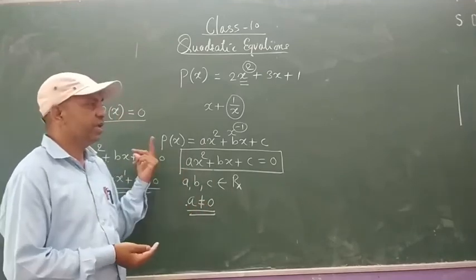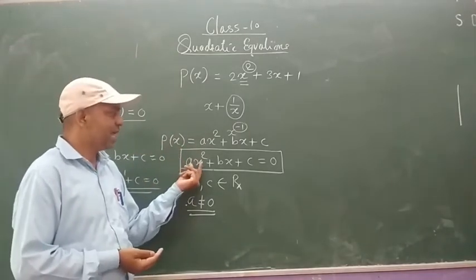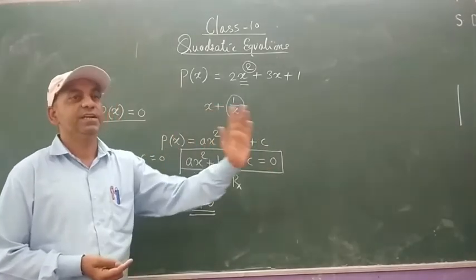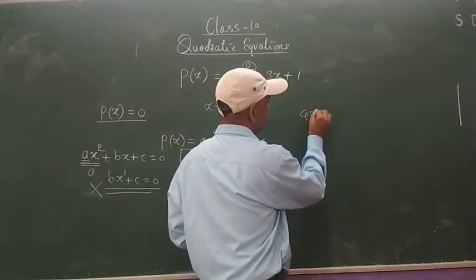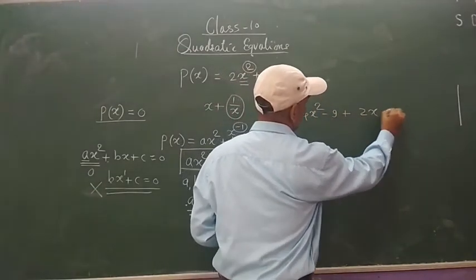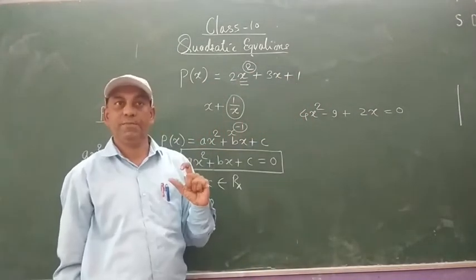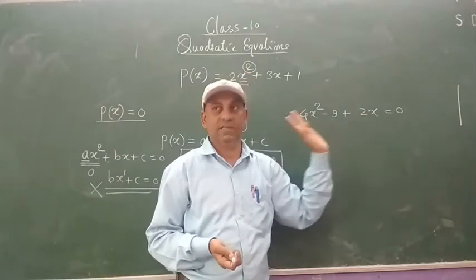Now, any equation should be written with the degrees of the variable in descending order. If the equation is given as 4x square minus 9 plus 2x is equal to 0, this is a quadratic equation, no problem. But the degrees of the variable are not in order.